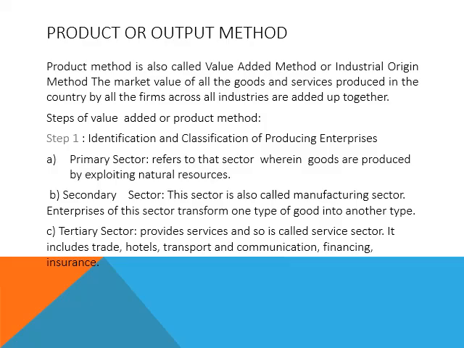Primary sector refers to that sector wherein goods are produced by exploiting natural resources. Otherwise known also as the main sector. Secondary sector is also called manufacturing sector.